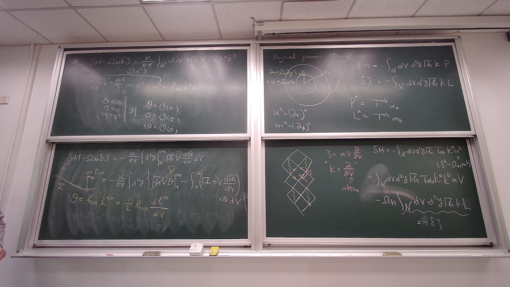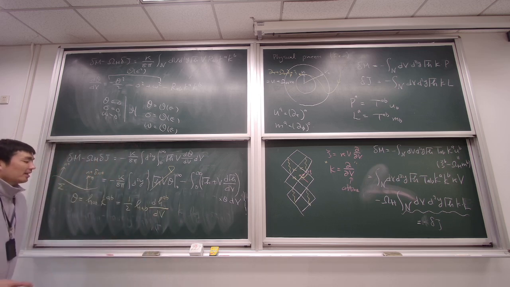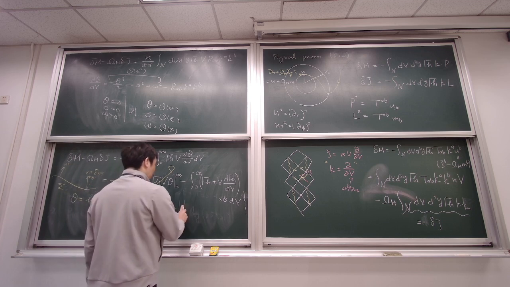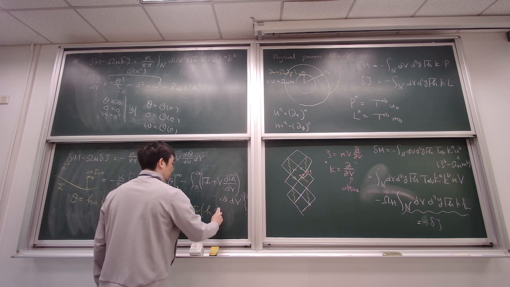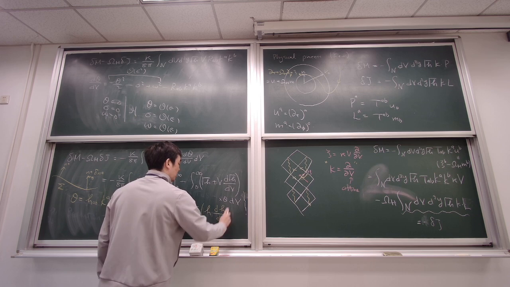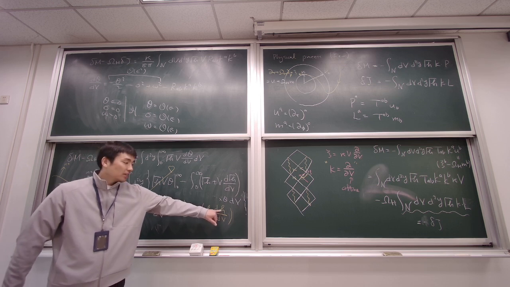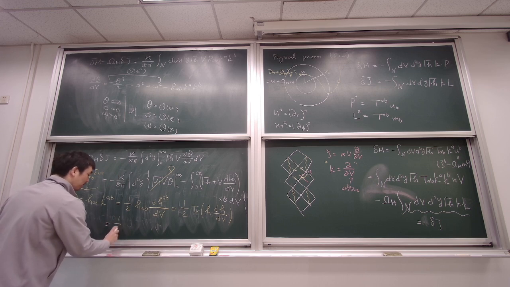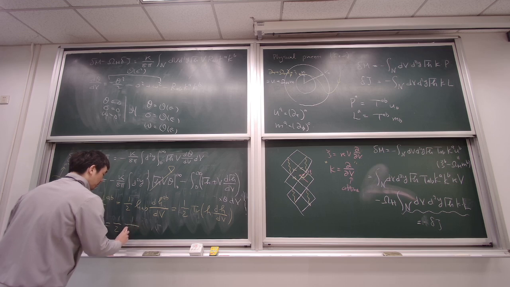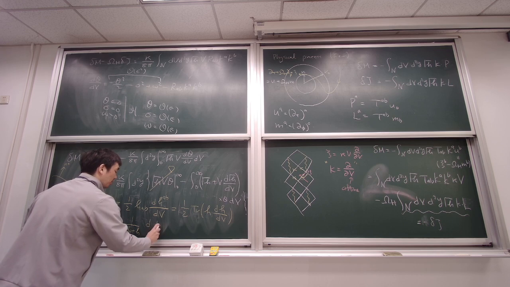And this can be written as 1/2 the trace of h inverse dh/dV, where h is a matrix. There's a well-known identity that this is 1/2 times 1 over the determinant of h times d determinant of h/dV.